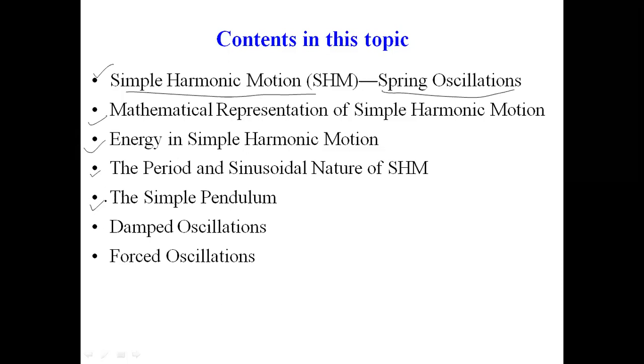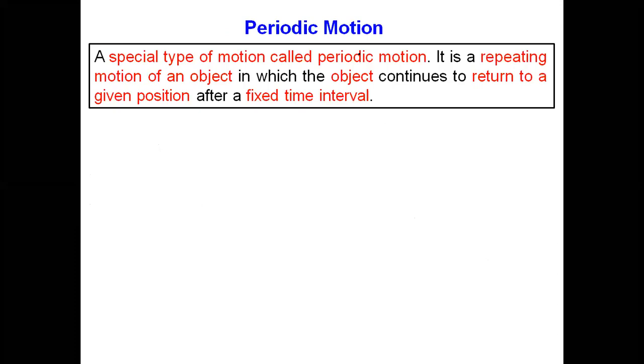Then we'll consider simple pendulum, damped oscillation and forced oscillation. And in case of SHM and damped oscillations, we'll also consider their electrical analog. LC circuit is the electrical analog of SHM, and LCR circuit is the electrical analog of damped SHM. So this is the overview which we'll cover in this subtopic.